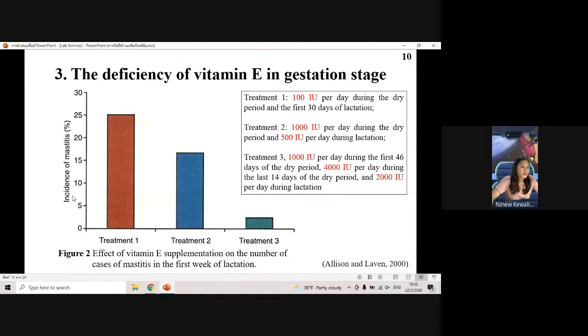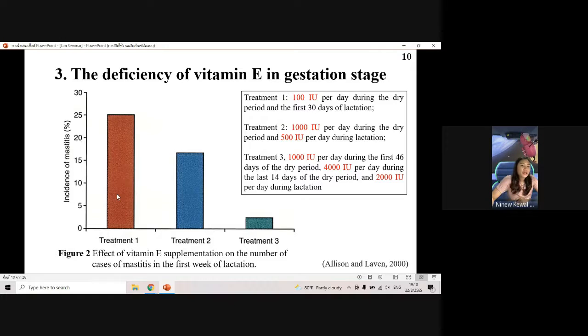This figure shows the effect of vitamin E supplementation on the number of cases of mastitis in the first week of lactation. We can see here in treatment 1, the pig received the least vitamin E of the groups. I will check later whether it is a pig or another animal, sorry.